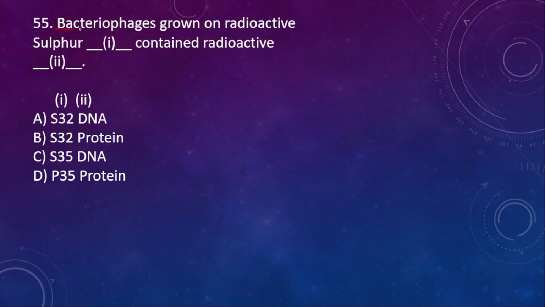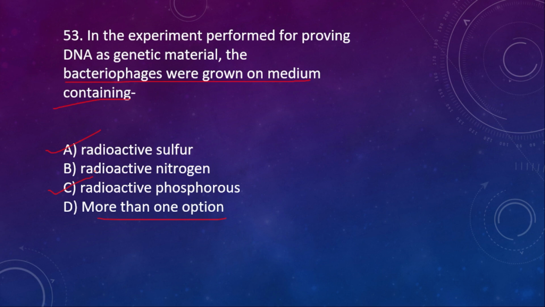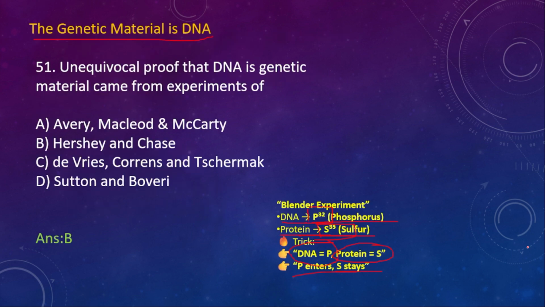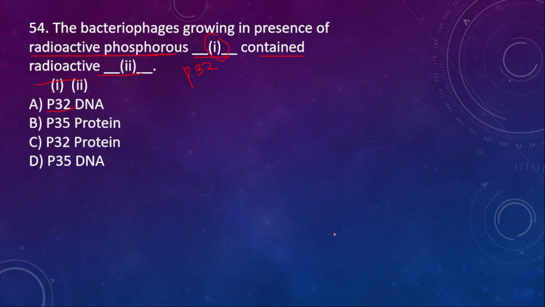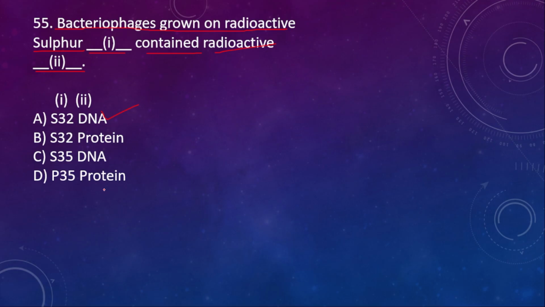Next, bacteriophage grown on radioactive sulfur contains radioactive what? It must be S35, not P32. So here the right option is S35, protein. C is correct, not D.